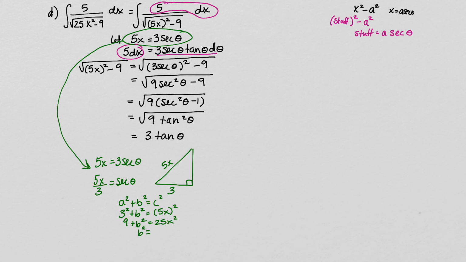So b squared is going to be 25x squared minus 9, which means this side's going to be the square root of 25x squared minus 9. Questions? Okay.